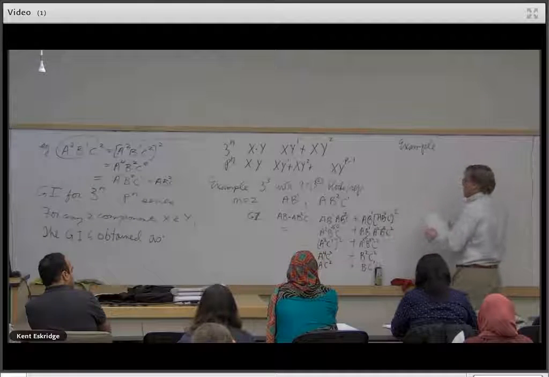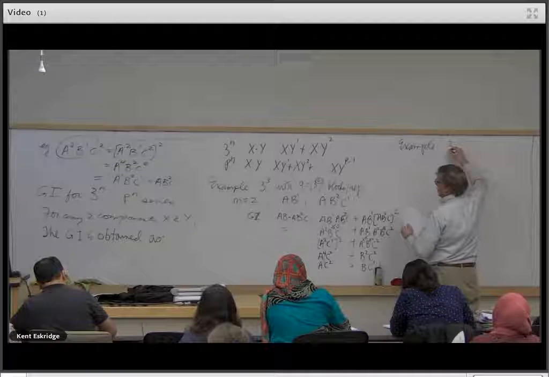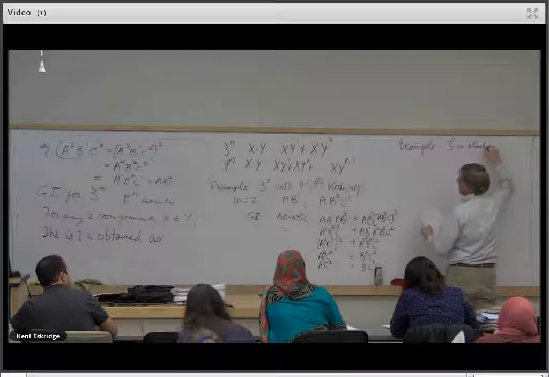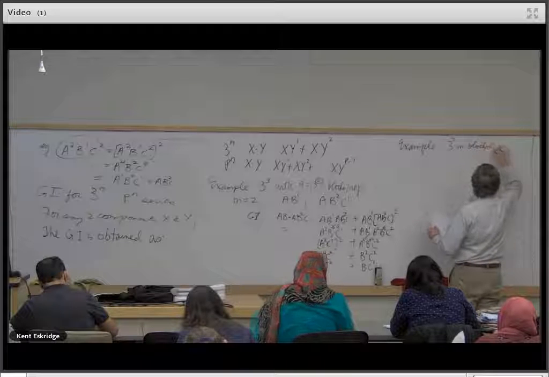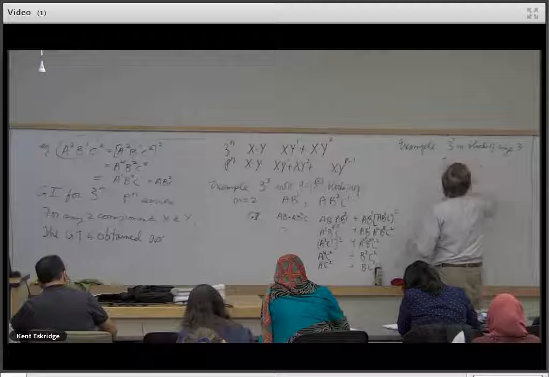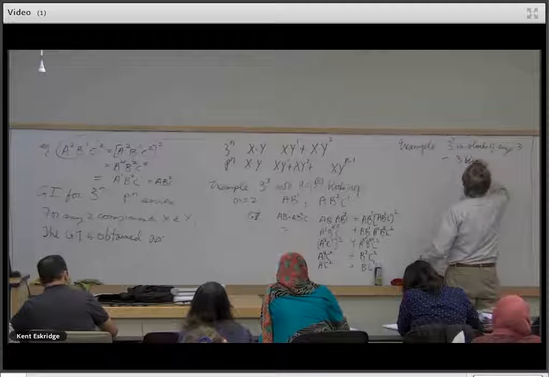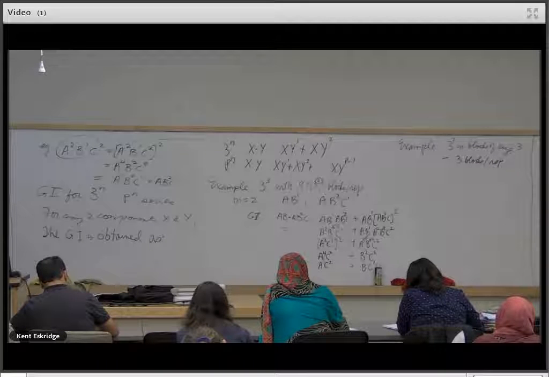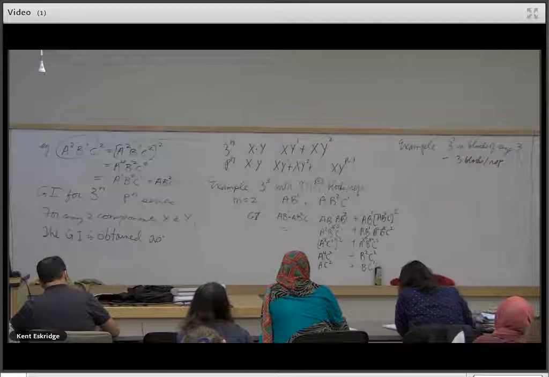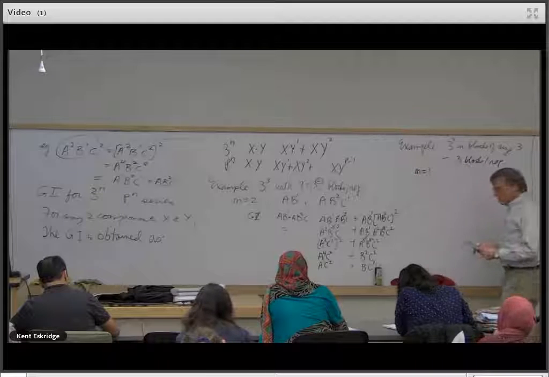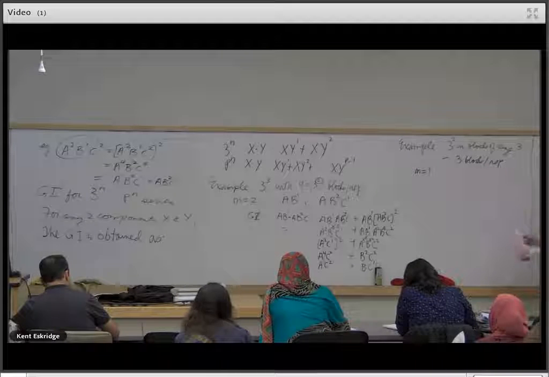Okay, here's an example. I got 3 squared in blocks of size 3. And what does that mean? That means 3 blocks per rep, right? 3 blocks per rep. What's n? This is easy, right? N is equal to 1. Well, let's assume the one I have.